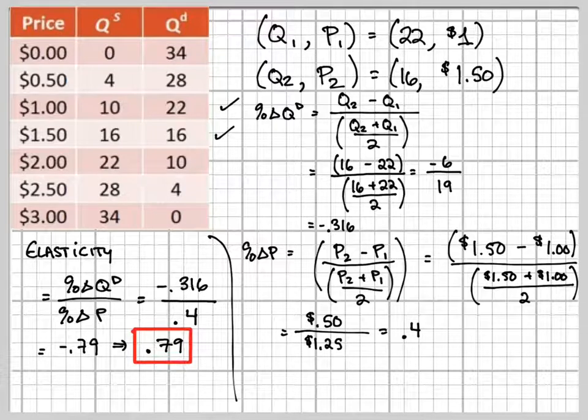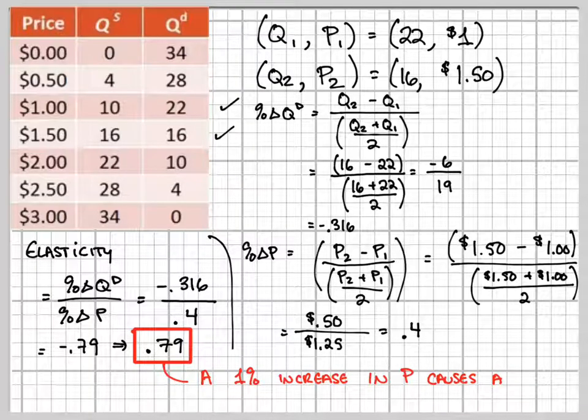Now, this has a very important and specific interpretation. The interpretation here is that a 1% increase in P causes a 0.79% decrease in quantity demanded. And this is exactly what we're trying to determine.